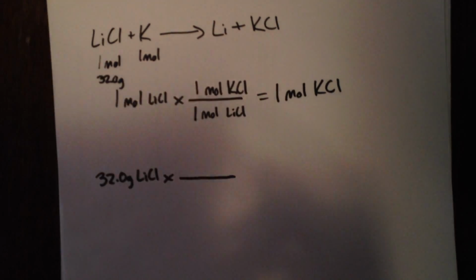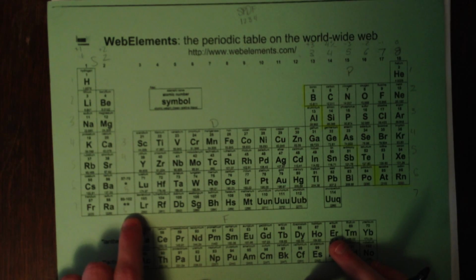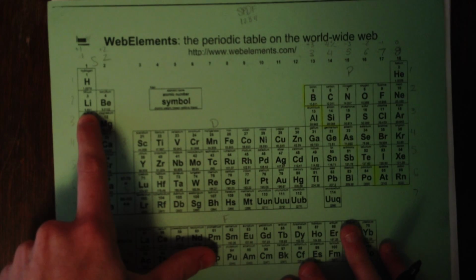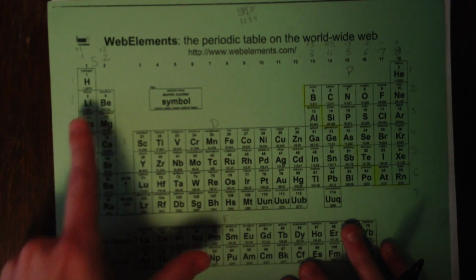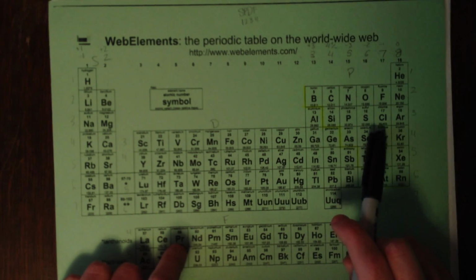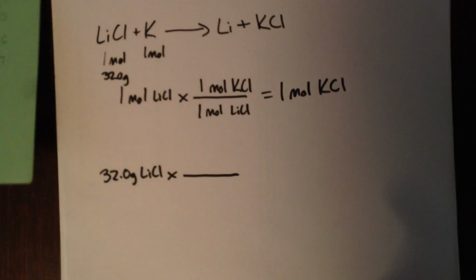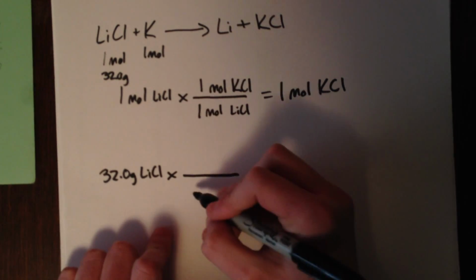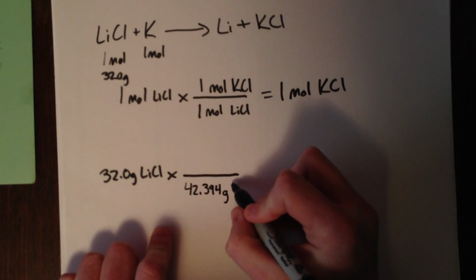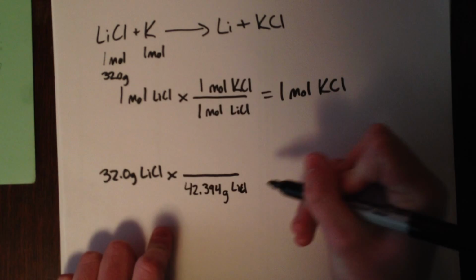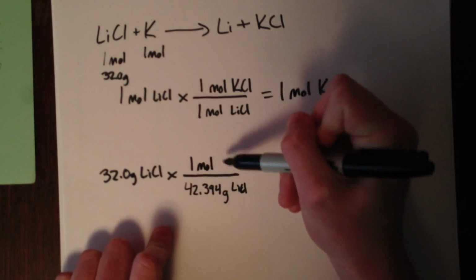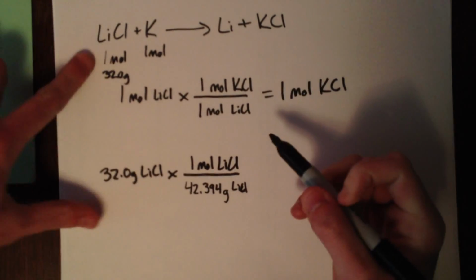So if we look on a periodic table, you can see lithium over here with 6.941 grams of weight, and chlorine over here with 35.453 grams, and you add those together and you get 42.394 grams of lithium chloride, and that will be under the moles of whatever you're trying to find, in this case lithium chloride, because we have moles up here.